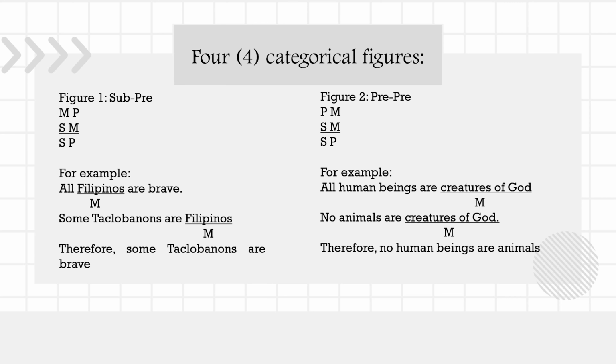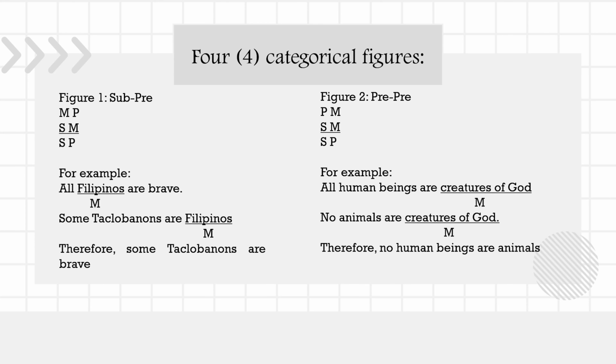It showcases a valid logical relationship between the premises and the conclusion. If we accept the truth of the premises, the conclusion logically follows, illustrating that in this context, there is no overlap between human beings and animals in terms of being creatures of God.